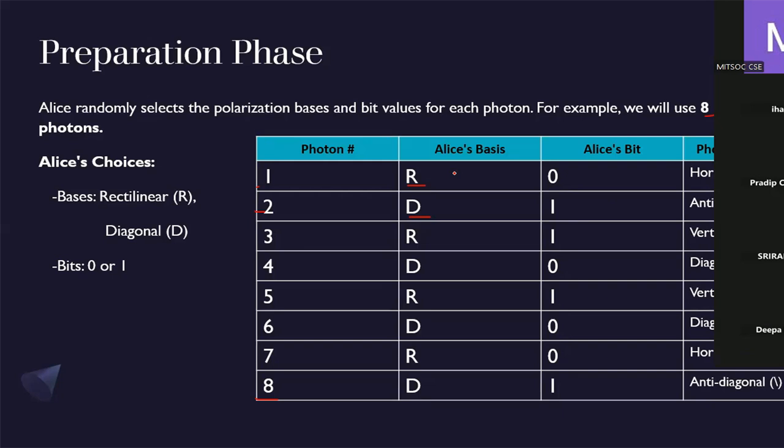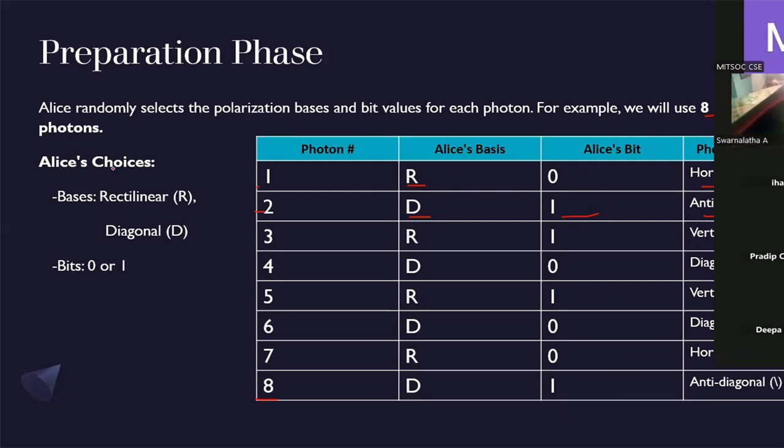And as I said, the photon polarization here is horizontal for the rectilinear, or for diagonal it uses 1 and it is anti-diagonal. And similarly, it will use this for all 8 bits, right?